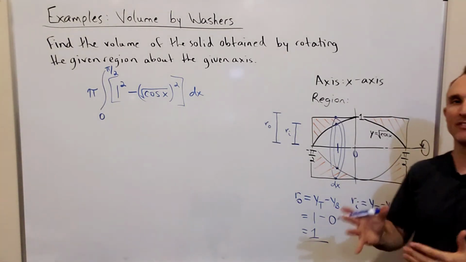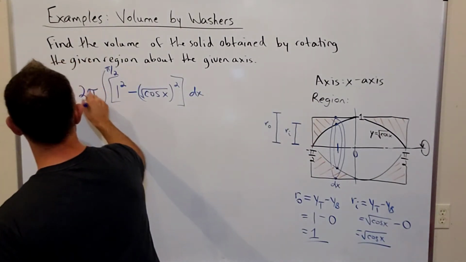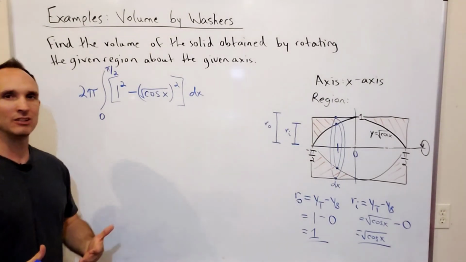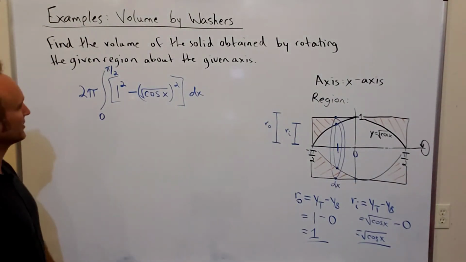But then we have to make sure to double it to get the volume of the whole thing. So we just move that coefficient of 2 out here to the front. Again, that's a neat little trick if you recognize it to make the integrals a bit faster.